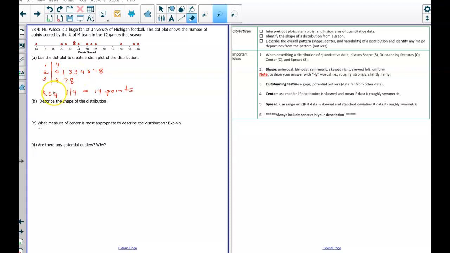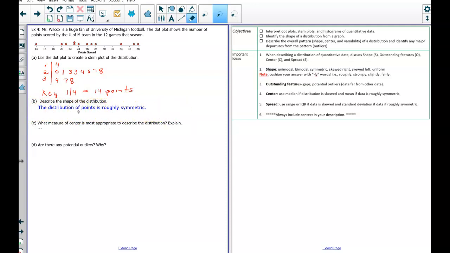And make sure that whenever you're creating a stem plot that you include the key. It's very important. So now they ask you to describe the shape. You can either go ahead and use the dot plot or use the stem plot. I chose to use the dot plot.